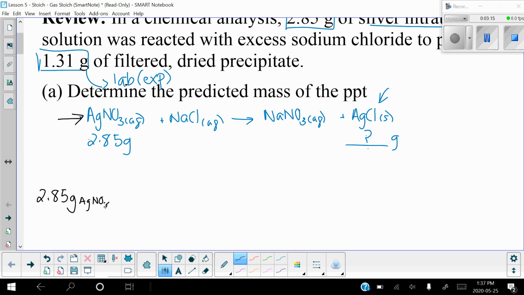We now need to convert this into moles, and the way that I do that is I'm going to use molar mass. The molar mass of this is 169.87 grams per mole.